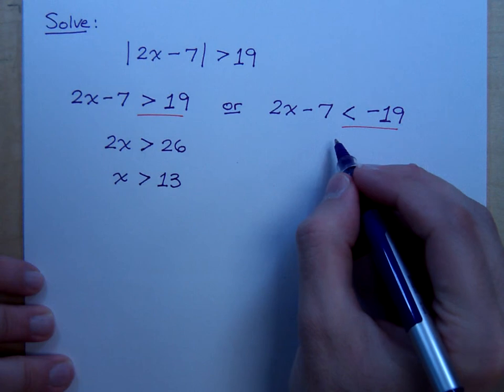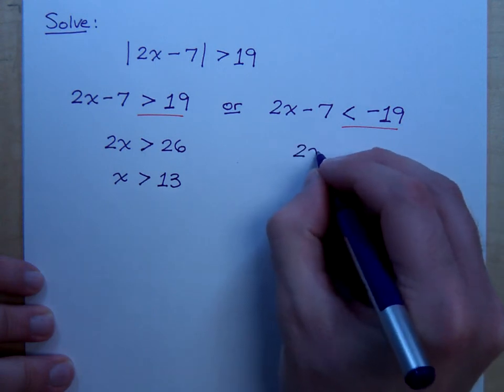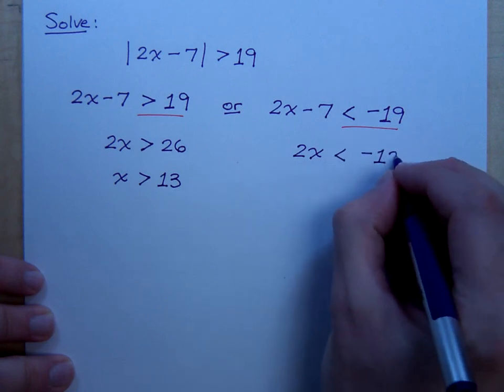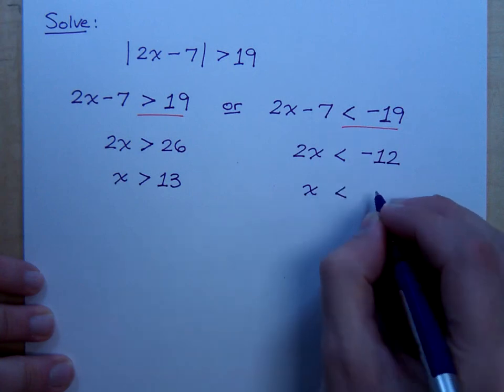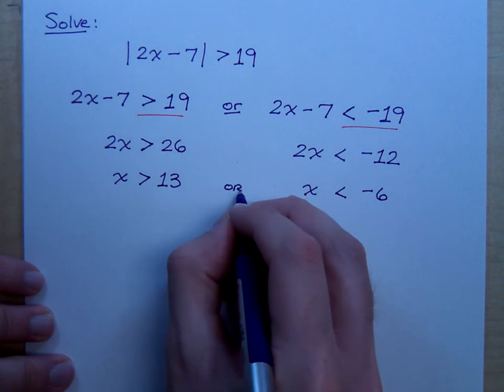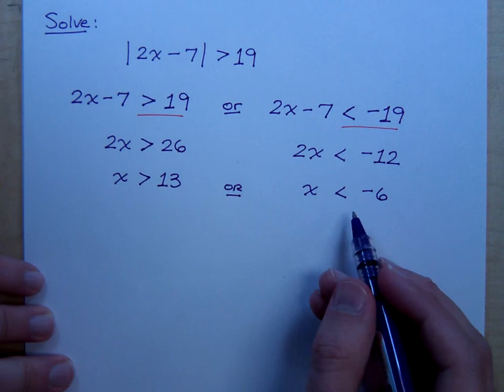What about over here? Add 7, so you get less than negative 12, and then what? X is less than negative 6. So we're saying this. We have our two inequalities here. X is greater than 13, or x is less than negative 6.